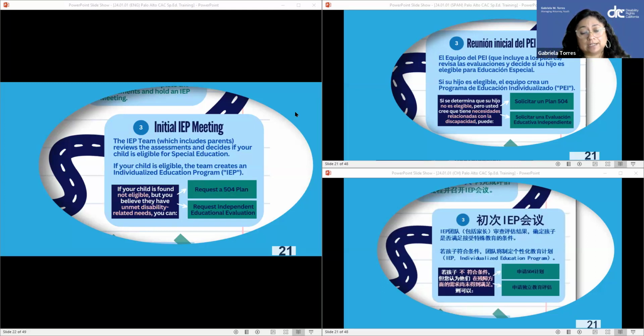The law says that parents have a right to request an independent education evaluation when they disagree with a school district's assessment. And if you request an IEE, the school district must either fund your independent evaluation, or they must file a request for due process, which is an administrative lawsuit to defend their evaluation.